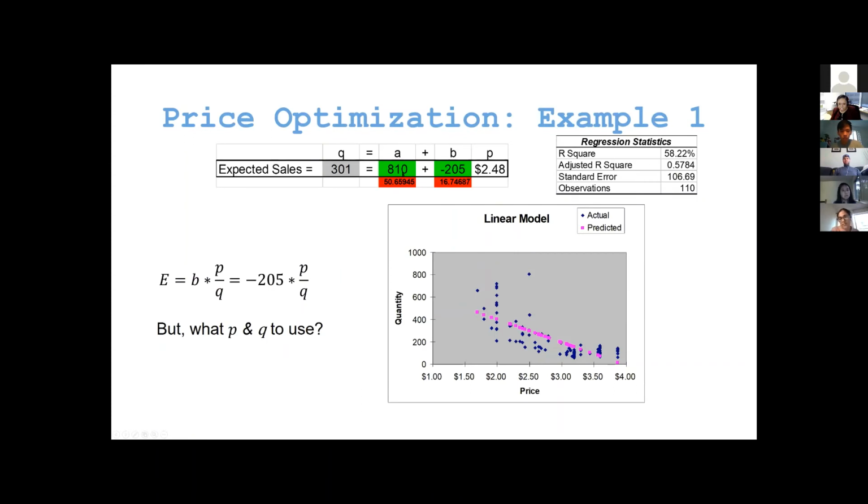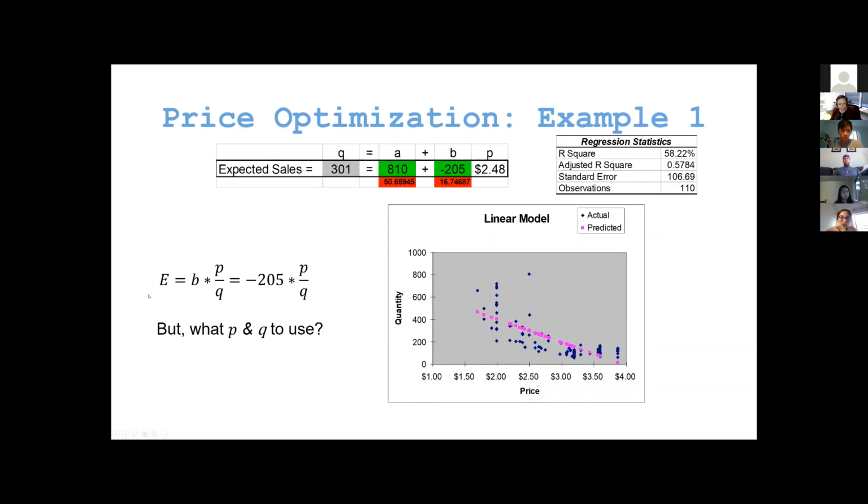The regression found that A is 810 on this data and B is negative 205. This is not part of the regression, but say you plugged in a value of $2.48. It predicts that at $2.48 you can sell 301 jugs of Tropicana orange juice.